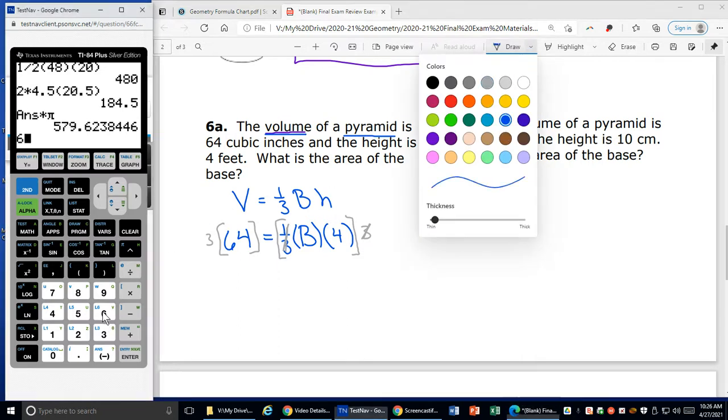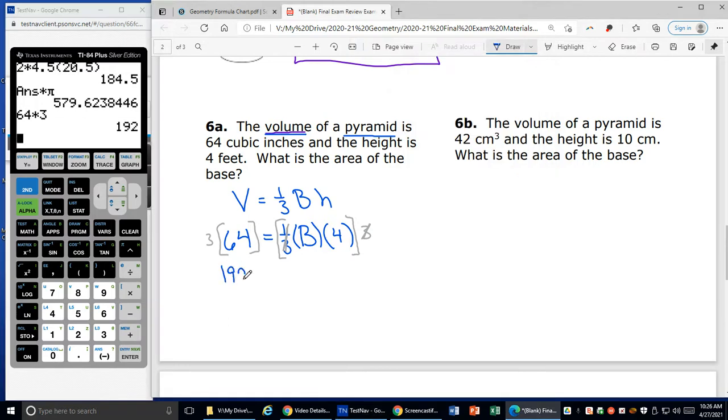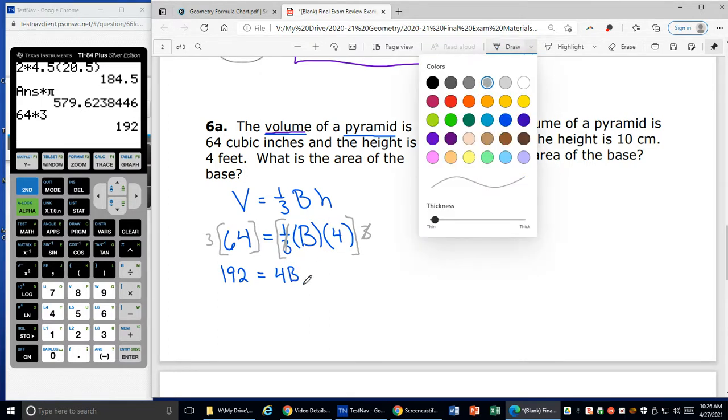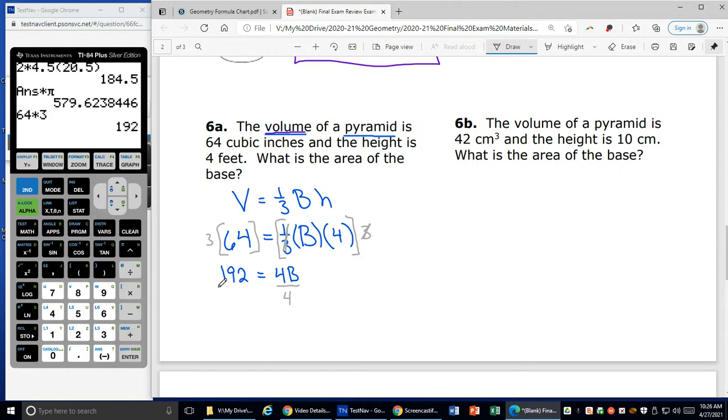So 64 times 3 is 192 equals b times 4, which is just 4b. So now if I want to know what b is, all I have to do is divide by 4.